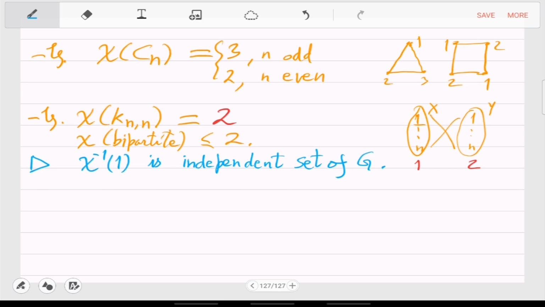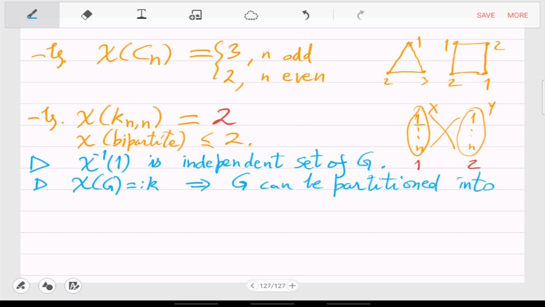And hence coloring is equivalent to partitioning. Let me say more precisely. So chi of G equal to K means that G can be partitioned into K disjoint independent sets.